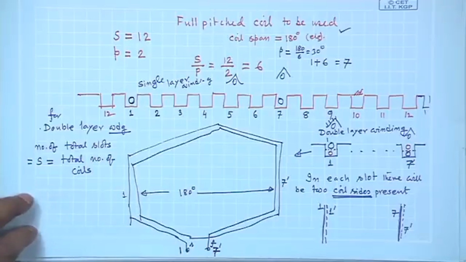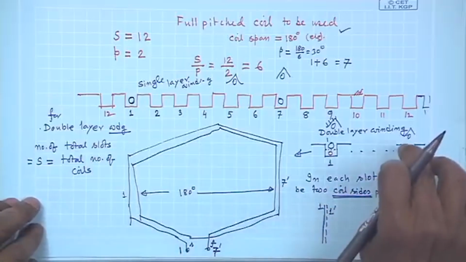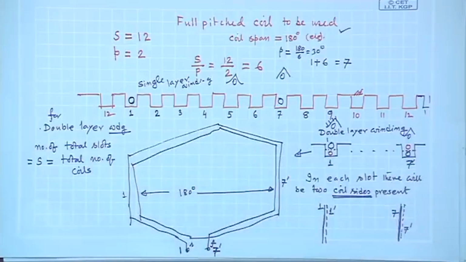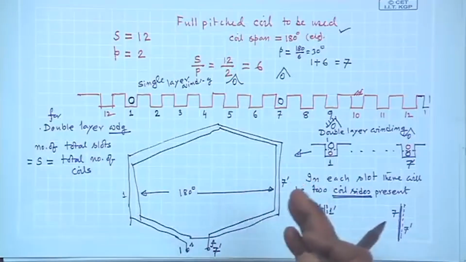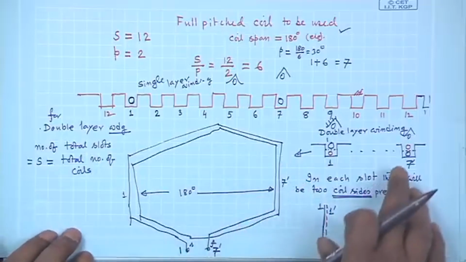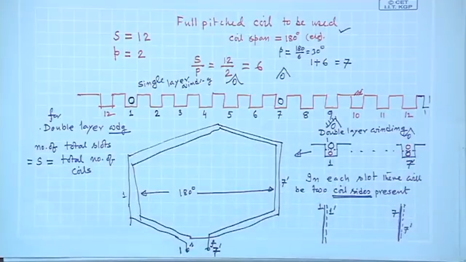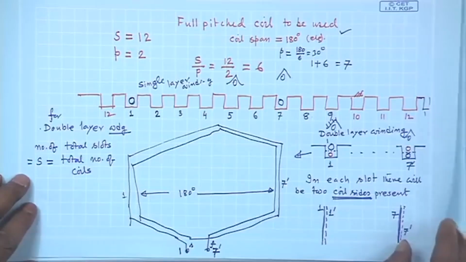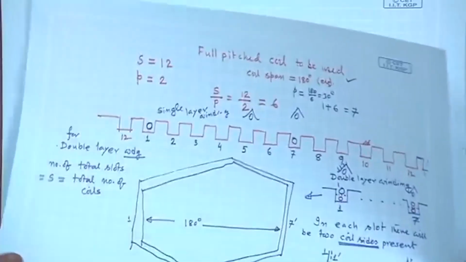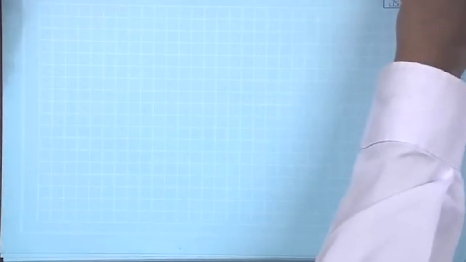Therefore, the coil side occupying the upper deck, I will call by the number of the slot. The coil side on the lower deck, I will call once again by the same slot number, but with a prime attached to it, so that I do not make any mistake. Okay. If that be the case, then we can proceed further.